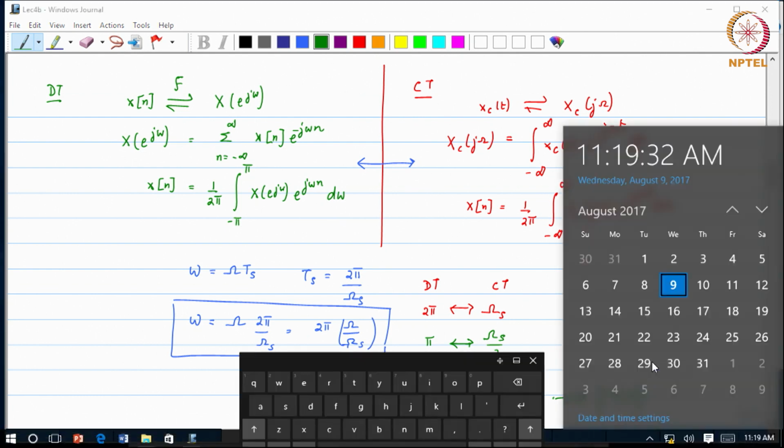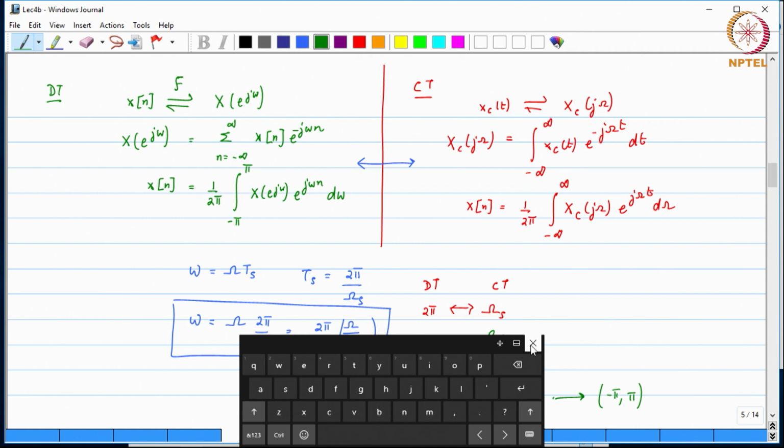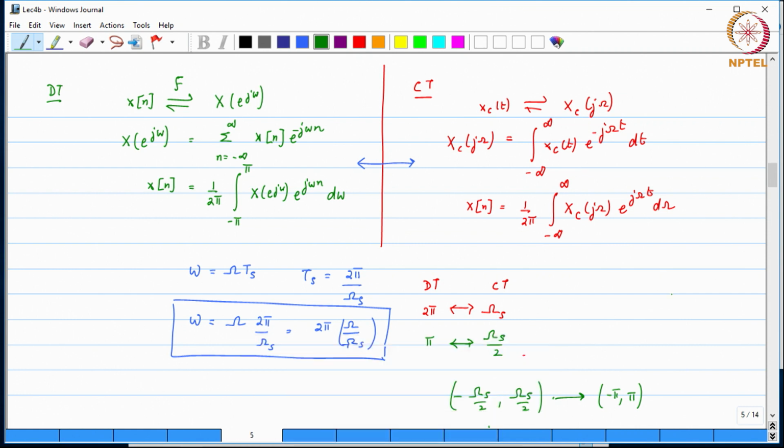So an observation that we would note down here, maybe to the side, is that pi corresponds to the highest frequency, which basically also says 2 pi will wrap around to DC. Okay. So again that is just by way of all the different relationships that we have.